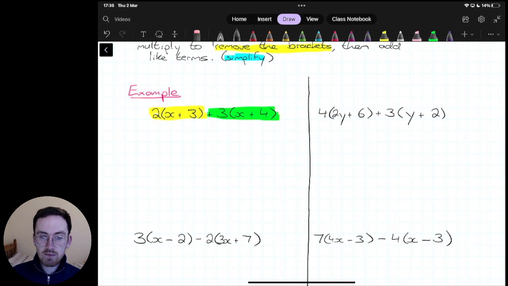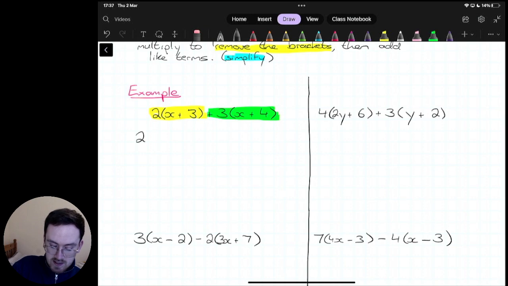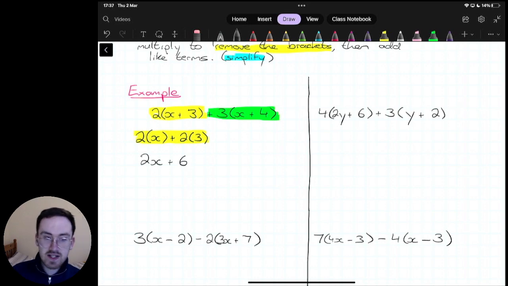We should remember that to get rid of the brackets for 2 multiplied by x plus 3, we can say that that's the same as 2 multiplied by x plus 2 multiplied by 3. That's the first step that we've been keeping the same the whole way down, so make sure you're able to follow that. If we continue on, 2 multiplied by x is 2x, and 2 multiplied by 3 is 6. I'm working down here and keeping it really clear for myself.